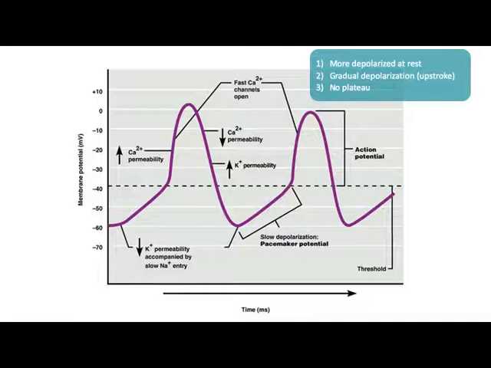Resting potential in a pacemaker cell is higher. Instead of negative 90 millivolts, we're sitting at negative 60. So it's easier for these to trigger. Good. Well, we want the pacemaker cells to be the ones to trigger. So if it's easier, that's fantastic.